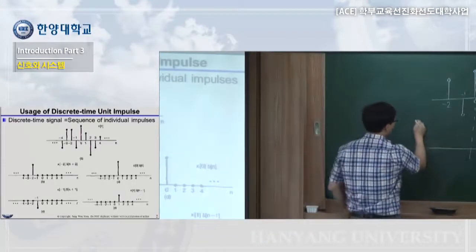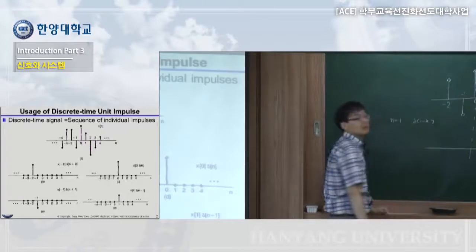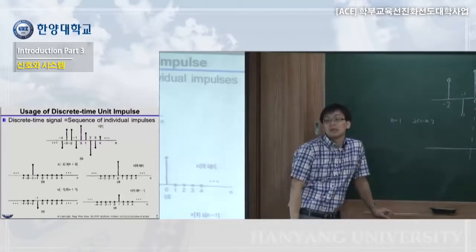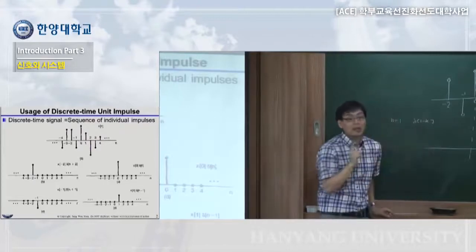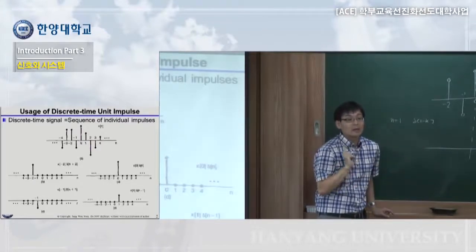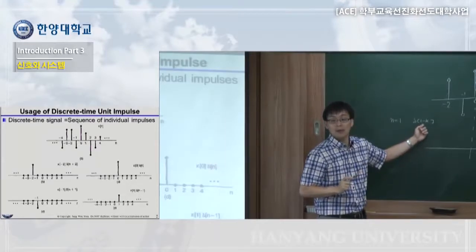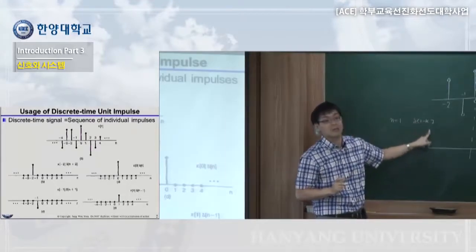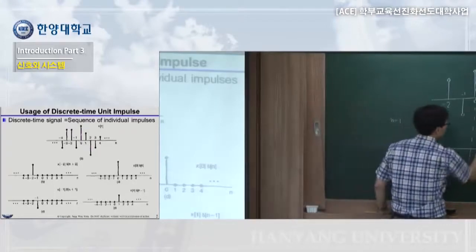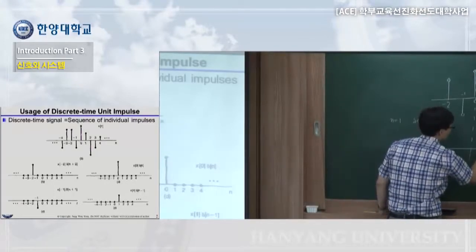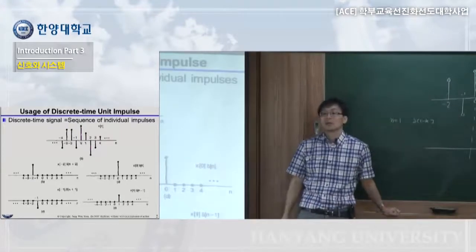And delta n minus k will be delta 1 minus k, right? Remember, delta is 1 when the value inside is 0. So what k makes 1 minus k zero? 1, right? Meaning this one is 1 at k equals 1.